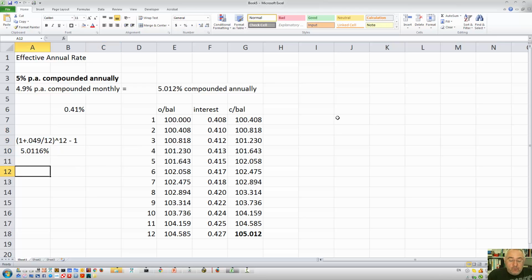So what we're basically doing is we're saying 1 plus the interest rate divided by the number of compounding periods, to the power of the number of compounding periods per annum. And that will give you the effective annual rate. Okay, so when people quote you interest rates, if they don't tell you the compounding period, you better ask, because it might make a difference.